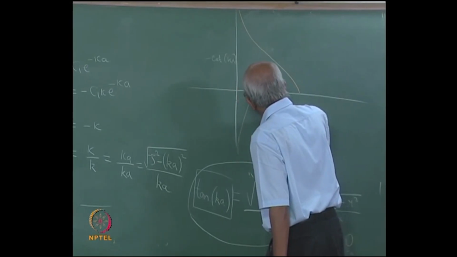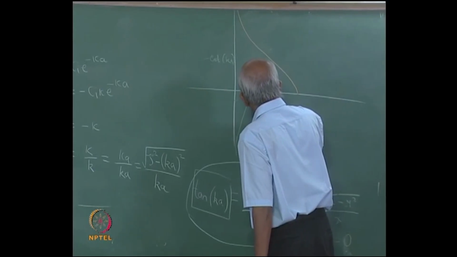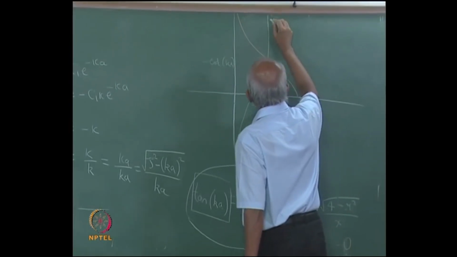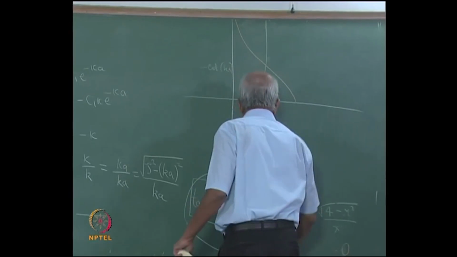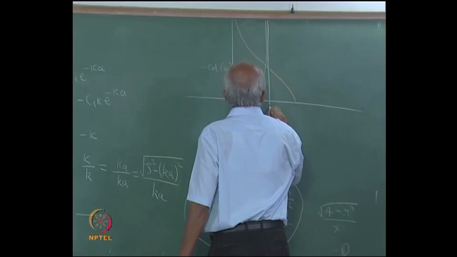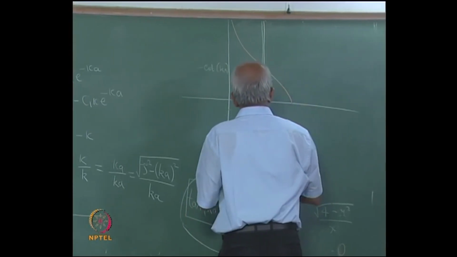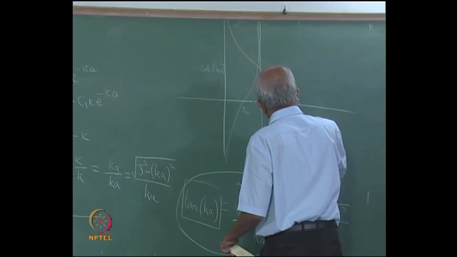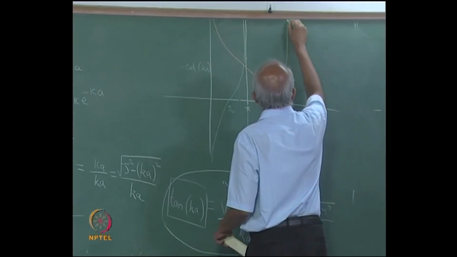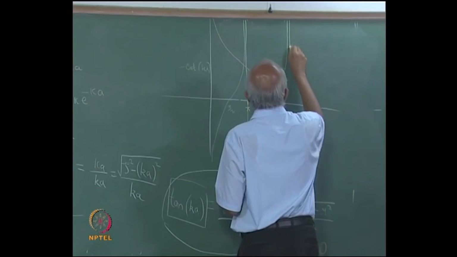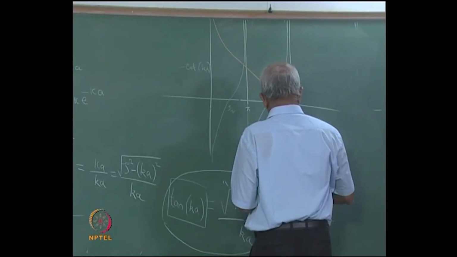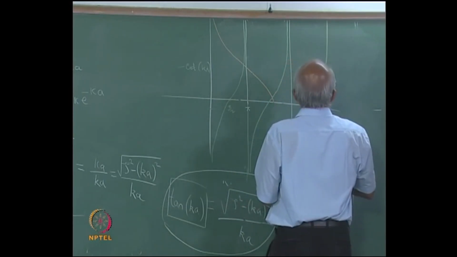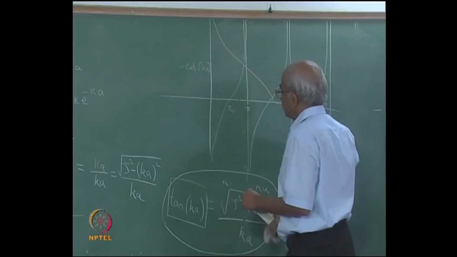It becomes 0 at pi by 2, and then goes on to plus infinity. At pi. So, that is how it is.